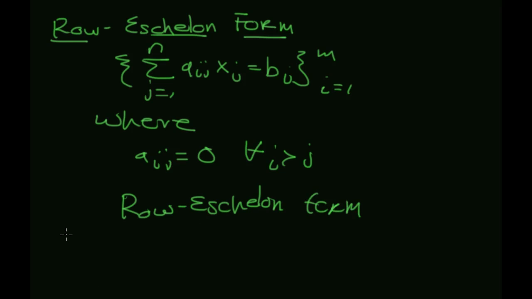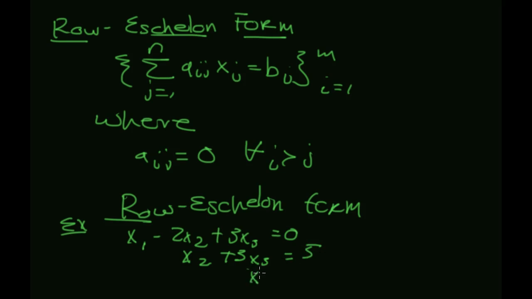Okay, so let's give an example of this. If I have the following system of equations, x1 minus 2x2 plus 3x3 is equal to 0, and x2 plus 3x3 is equal to 5, and x3 is equal to 2, then we say that this is in row echelon form, because in row 2, the first term is 0, and in row 3, the first two terms are 0.